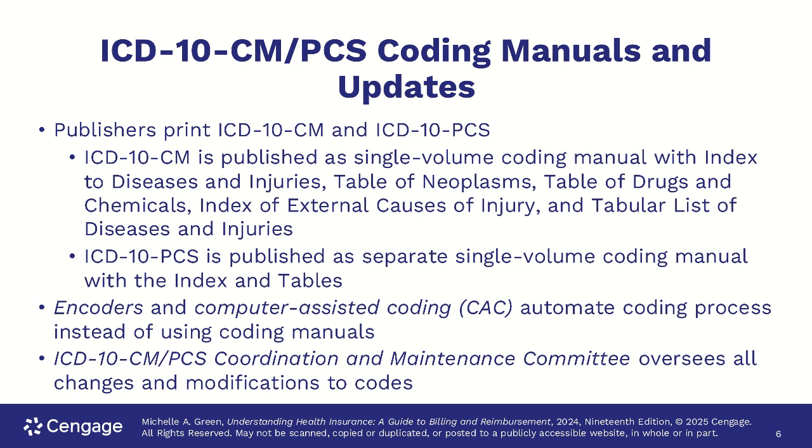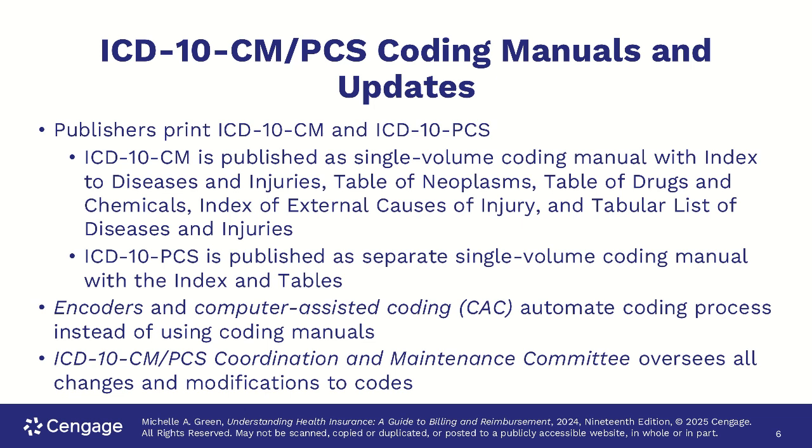And this is definitely a term that you want to know as a coder, because an encoder is literally a computerized system that can assign diagnoses and procedure codes. And there are two types of encoders: knowledge based encoders, which means it relies on your knowledge to arrive at the correct code.